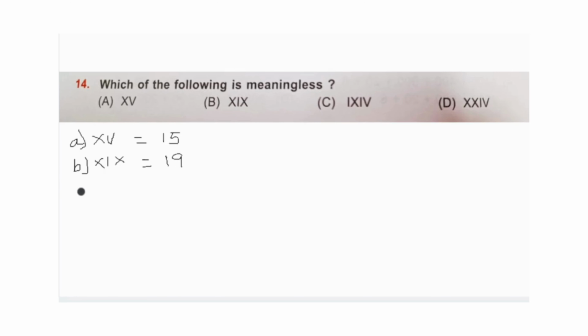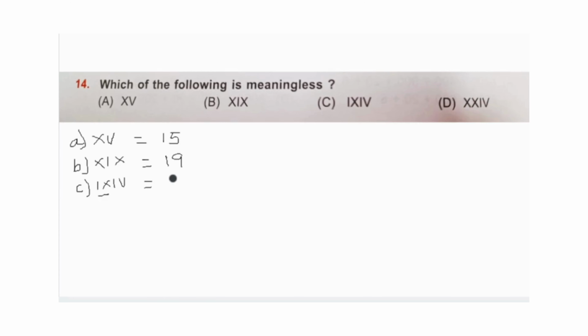Let's see option C, which is IXIV. The rule of Roman numerals is that a smaller number cannot precede a larger number if it's more than 10 times smaller. And if you see here, 1 and then 10, then you have 4.